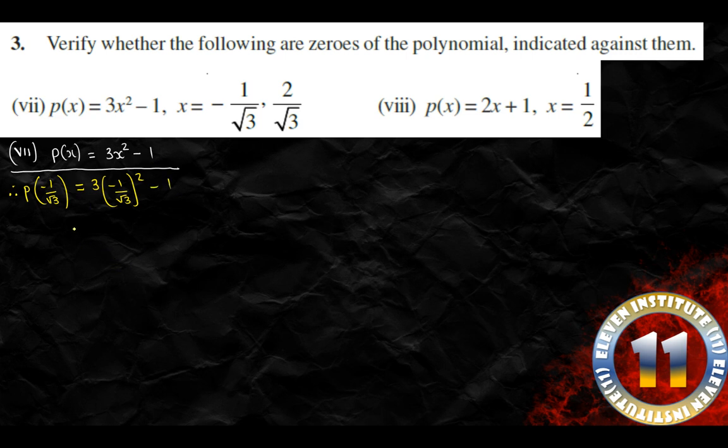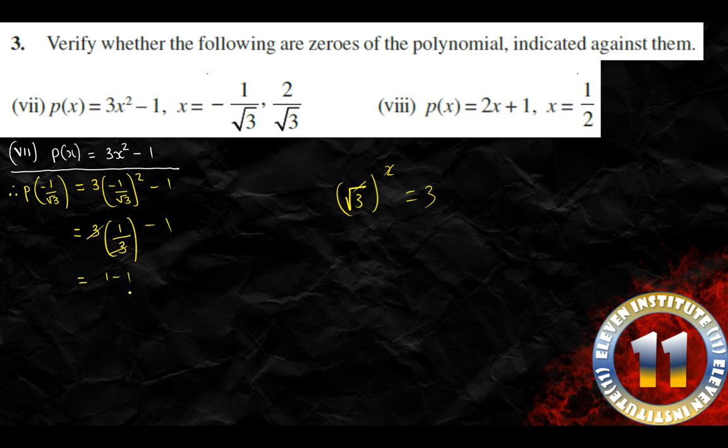Now let us solve this. See, this 3 will remain as it is. Now this power 2 is for both the numbers. So let us apply minus 1 square. So what is minus 1 square? Minus 1 square is 1. Then we have root 3 square. Now you have studied this in chapter number 1. Root 3 square. So square and square root will cancel their effect and we get the answer 3. So root 3 square will be 3. And here again we have minus 1. So this 3 and this 3 will cancel each other.